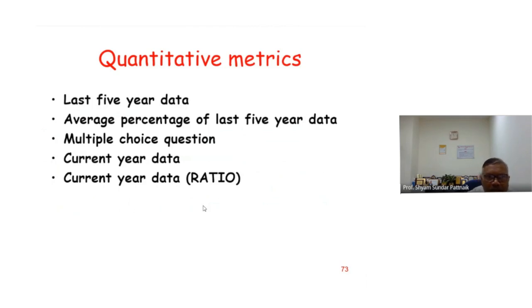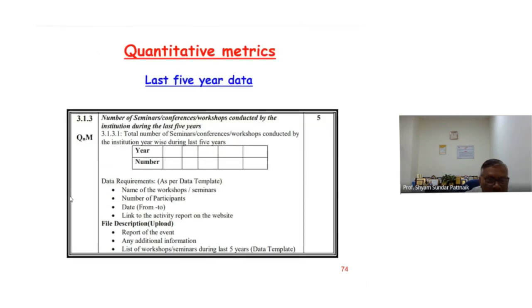When you are talking about the quantitative metrics, the quantitative metrics look at the last 5-year data, average percentage of last 5-year data, multiple choice questions, current year data, and current year data ratio also. Multiple choice questions, I have already shown you one of these things. Directly current data can be asked, and current data in a ratio form also can be asked. You'll see how the quantitative metrics data are built up.